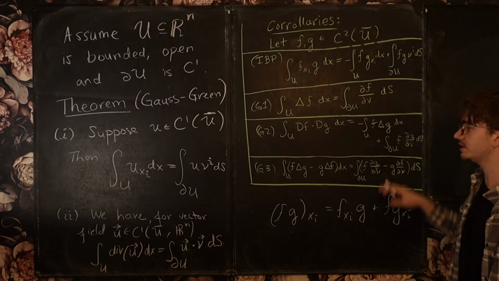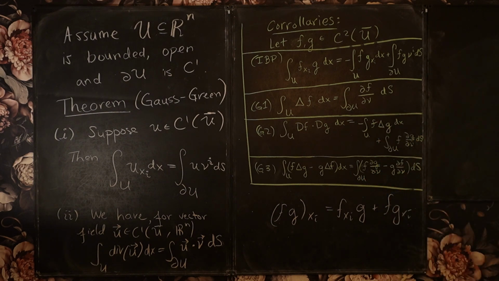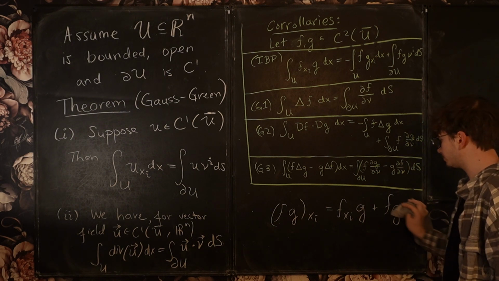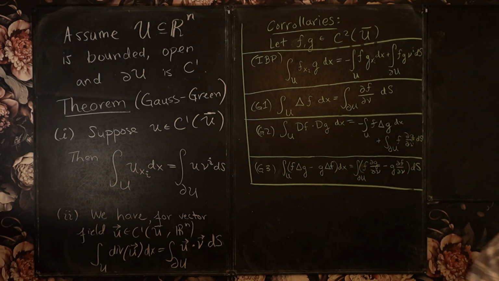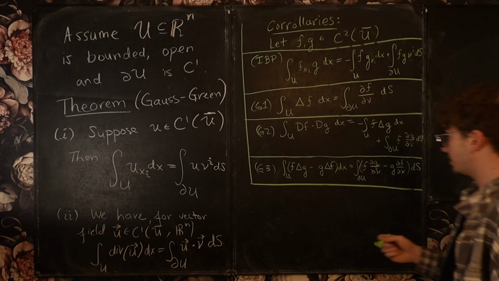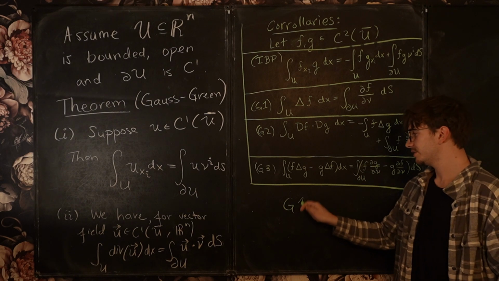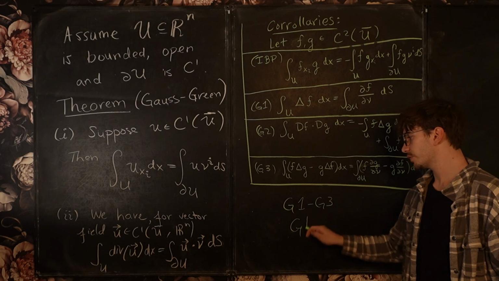Now, we also get these three formulas called Green's formulae, whatever. So these three formulas are Green's formula, and let me just write that here. This is why I've written these corollaries in green here. So G1 through G3 are called Green's formula.